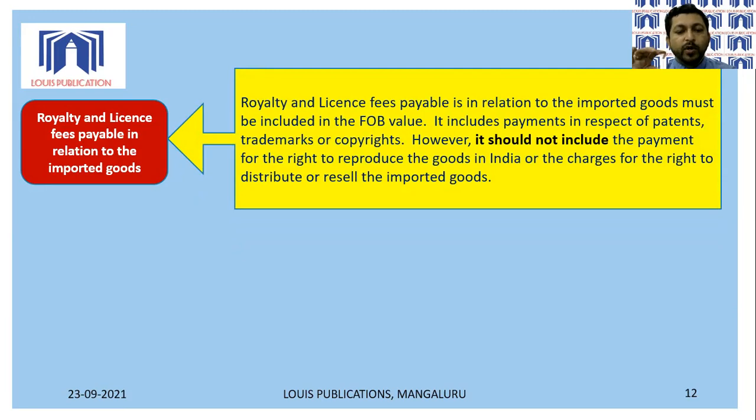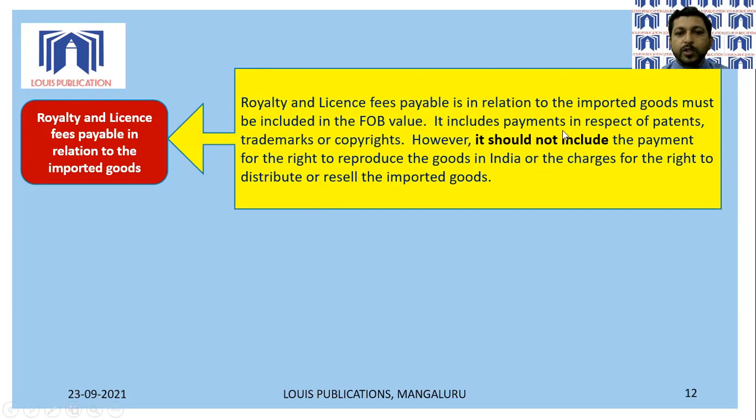So if the goods are imported into India, and apart from that, if the exporter requires the permission of the importer to sell such products in India, then sometimes the exporter will be liable to pay royalty or license fees. If such payment is made, then that payment must be included in the computation of assessable value. So royalty and license fee payable in relation to the imported goods must be included in the FOB, that is free on board value. We will talk about this concept of free on board value.